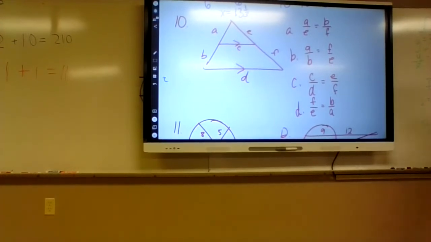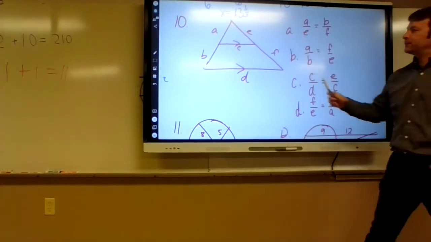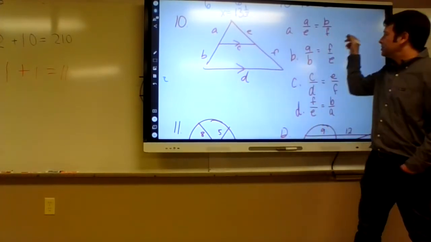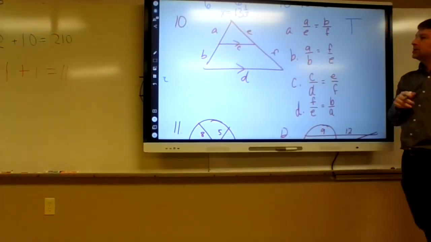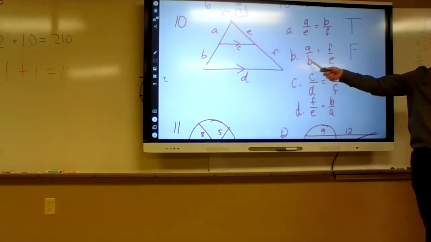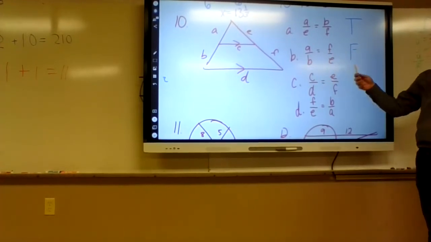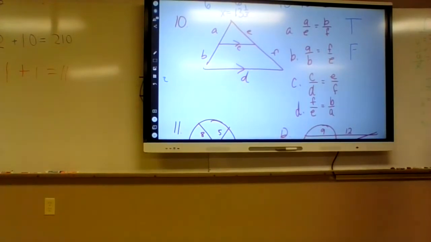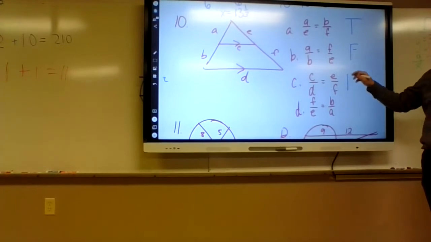Does A over E equal B over F? True. Does A over B equal F over E? False. It should be A over B equals E over F. Okay, does C over D equal E over F? False. Okay, this is probably the tricky one.